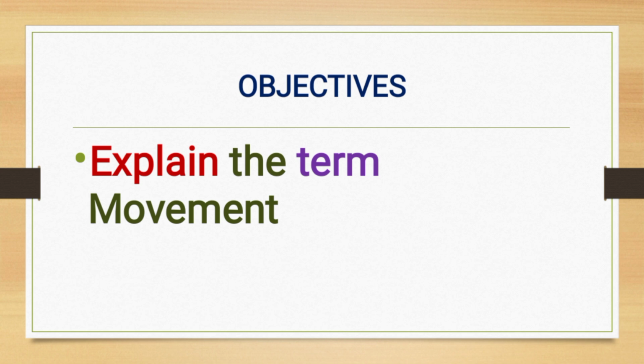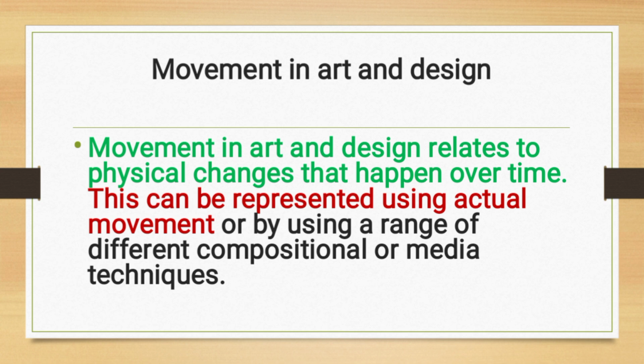So today we'll be talking about the term movement. What is movement in art and design? Movement in art and design relates to physical changes that happen over time. When we say physical changes that happen over time, we mean a change that occurs at different times.